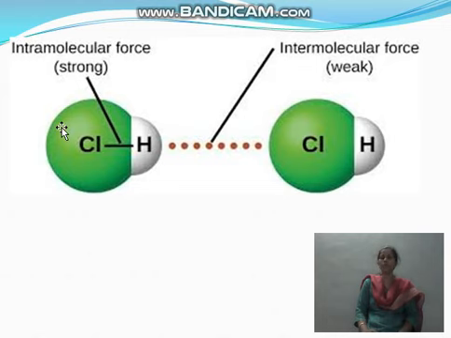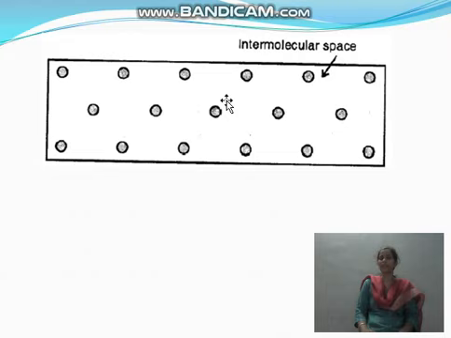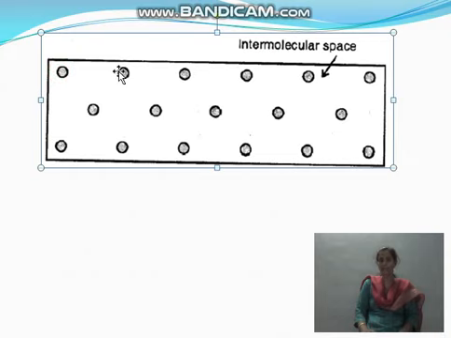Then what do we mean by intermolecular force? The particles are held together by a force of attraction, which is called the intermolecular force of attraction, and the space between these particles is called intermolecular space. Here we can see the intermolecular space between one particle and another particle.